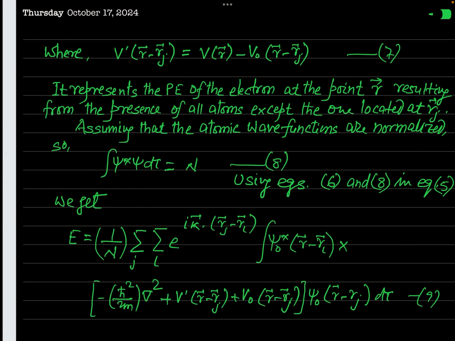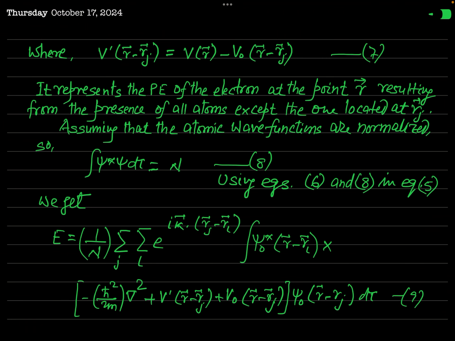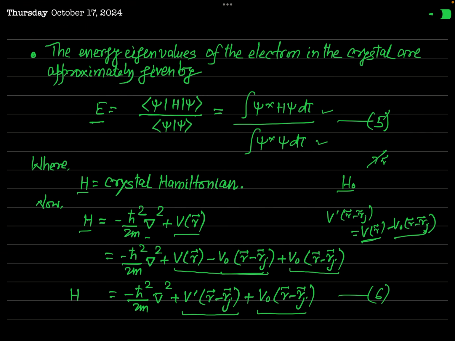So our assumption is that the main source of this potential is in fact the parent ion, which I have taken as the jth ion. And so we can conclude that it is a small negative quantity, or a small perturbation on the atomic potential V naught of R minus Rj.